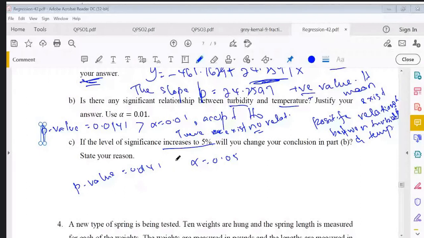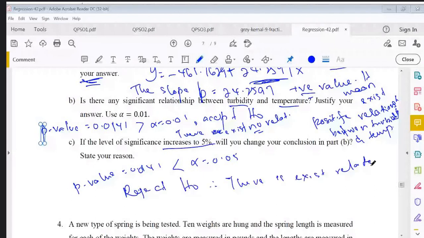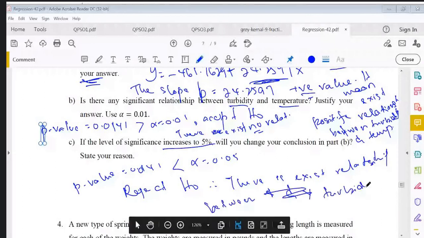For this one, there exists a relationship between X and Y, or turbidity and temperature.